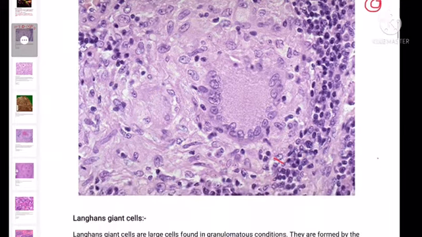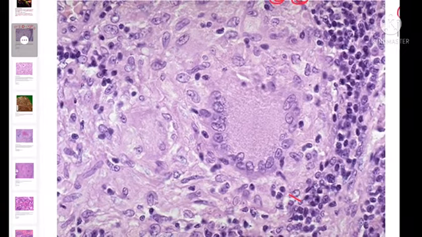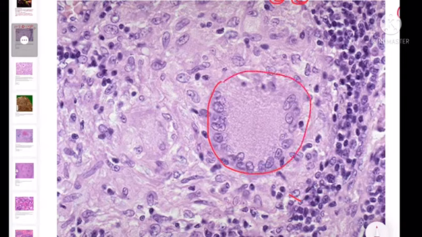So let's go and see in this image. If you see in this image, you can find a huge cell with multiple nuclei arranged in the periphery, which is giving the appearance of a horseshoe, and central cytoplasm, along with a collar of lymphocytes.